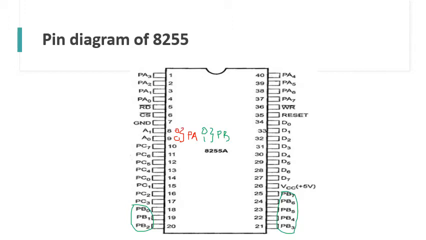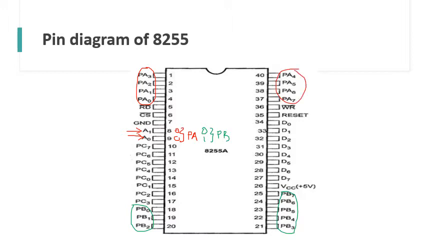When it is 0, 0, at that instant of time, the port A pins are being selected. If the microprocessor applies a 0, 0 at this pin, then this port A is being selected.